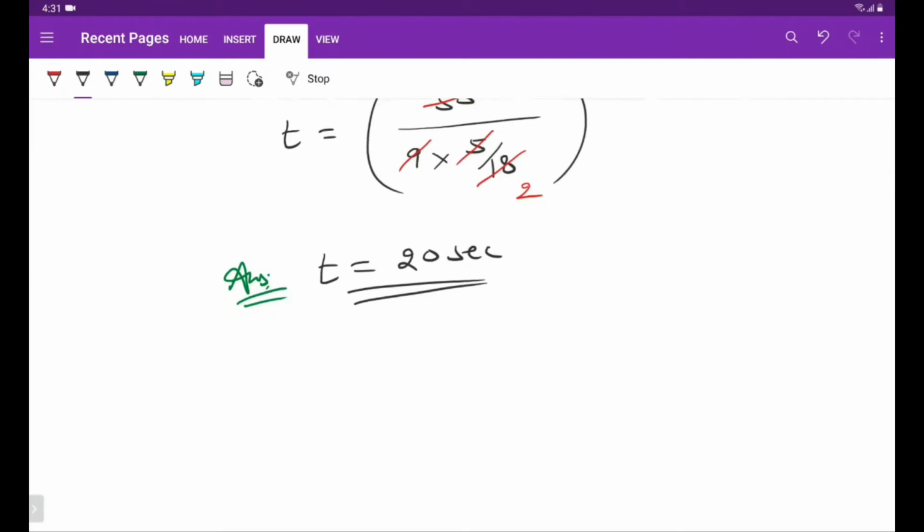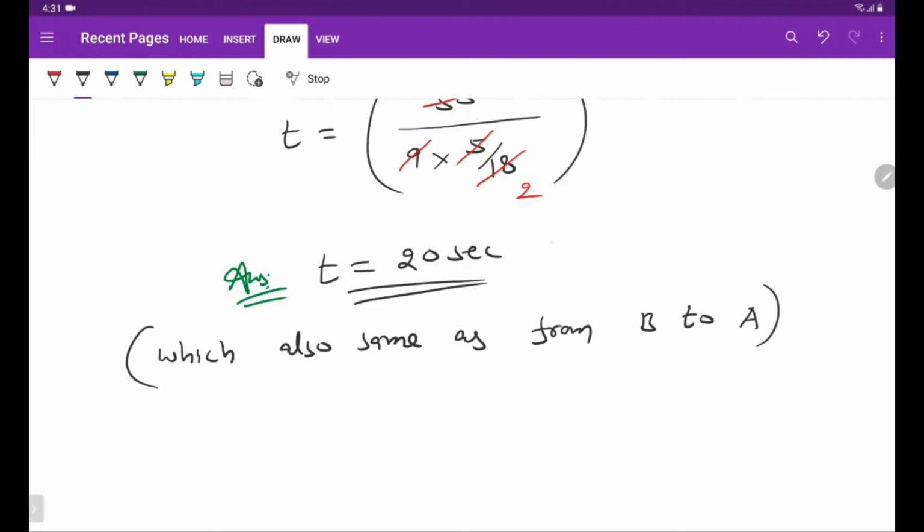A and B are not moving at all. So this is the time from A to B. Similarly, for B to A, the time is the same.